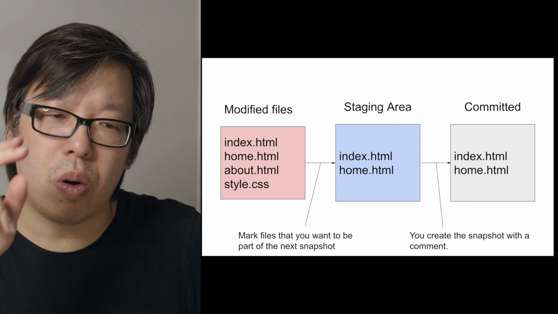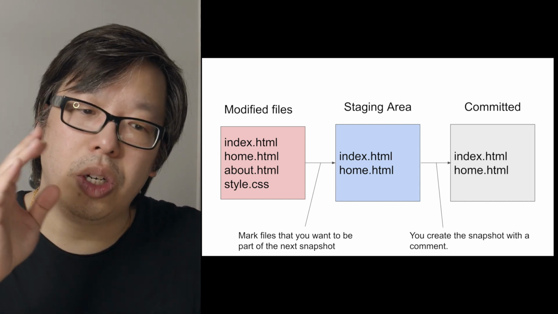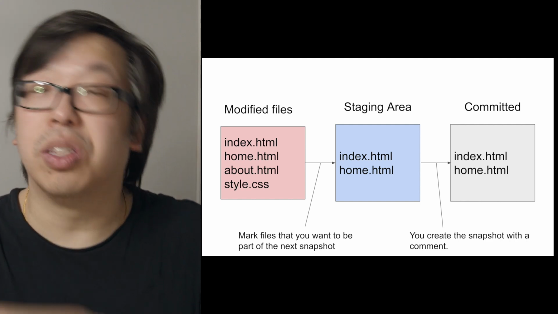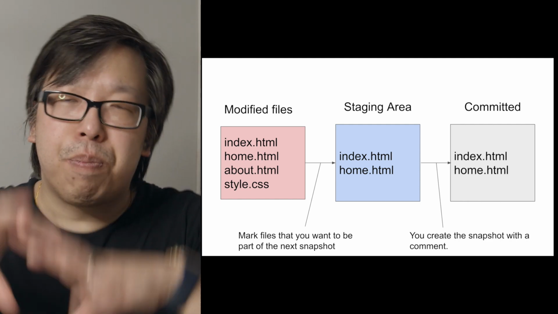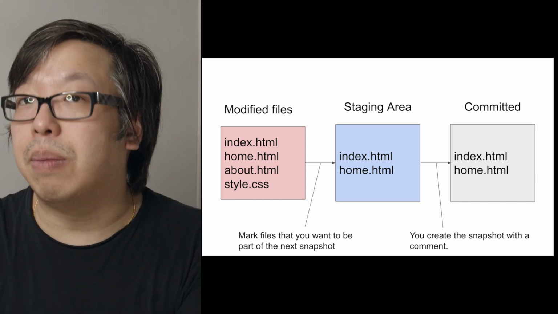We only want to record the first 2 files. So what we want to do is add the index.html and the home.html to what we call the staging area. It's the preparation area where this is going to be part of the next commit or the next snapshot.